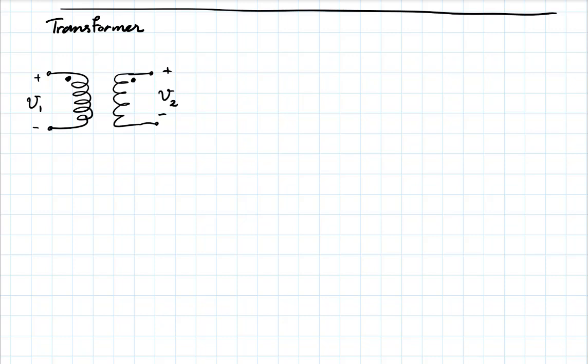In this case, they're both in the same direction. And so if these two are coupled, and if the first one has N1 turns, and the second one has N2 turns, then the ratio of the AC voltages is equal to the ratio of the turns.